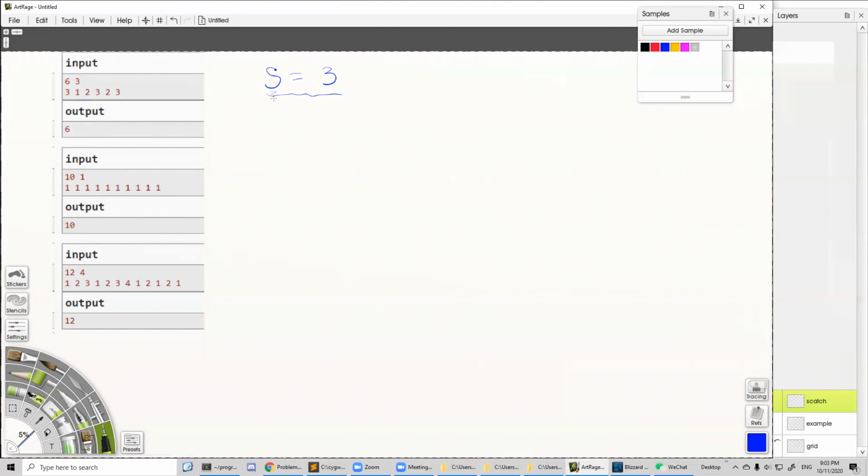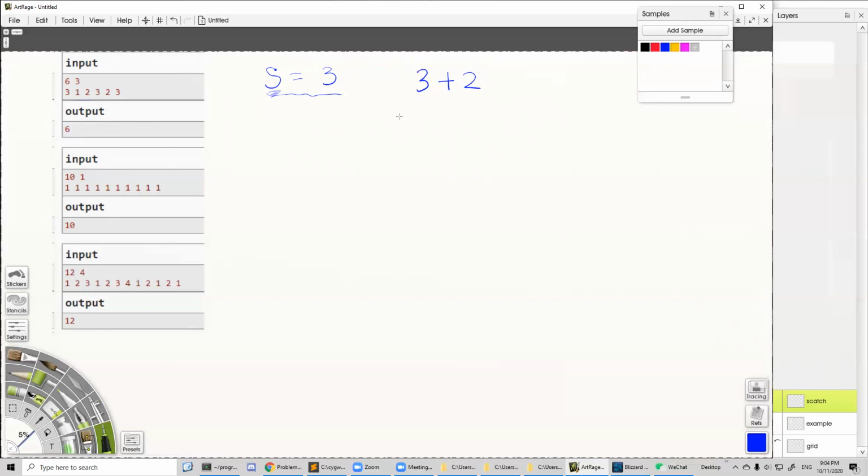That is not actually the worst. It's just the minimal S we can choose from, right? So what is the maximal S we can choose from? That is the biggest team plus the second biggest team, right? Why is that?